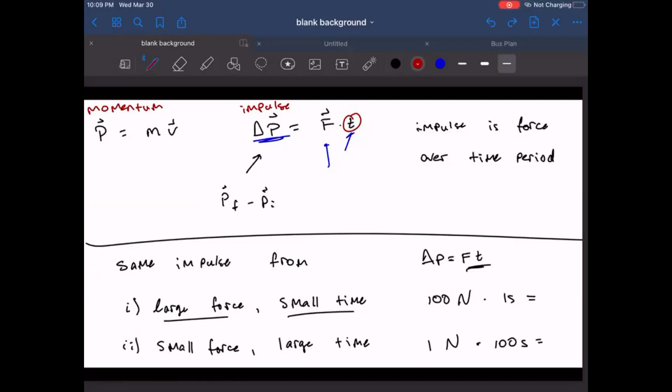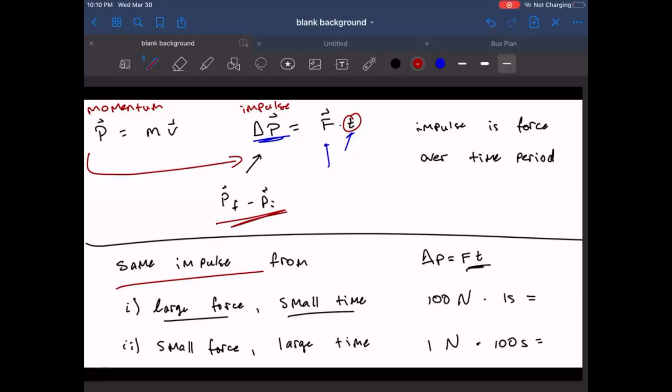And so you Will Smith smack right there. And that's a second, right? Same impulse though, as if you're just pushing his face for a day, right? That's what impulse is. Again, this is a change in momentum. So these things are closely related. Momentum and impulse are closely related.